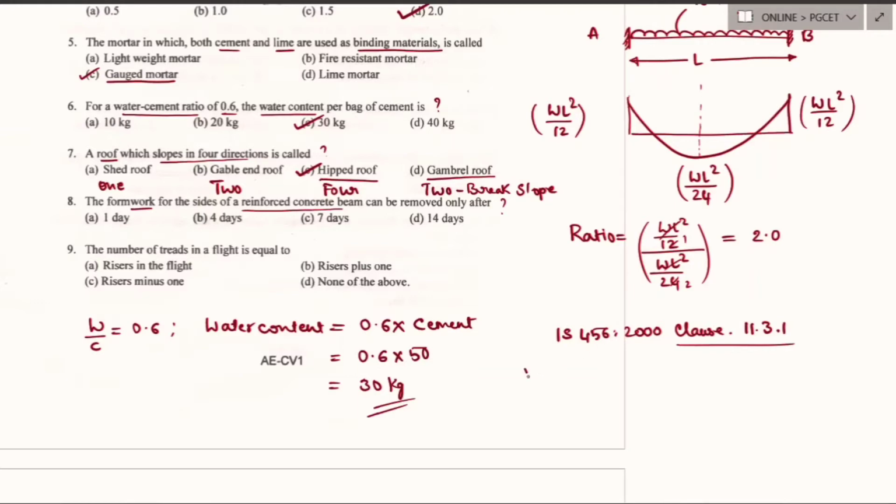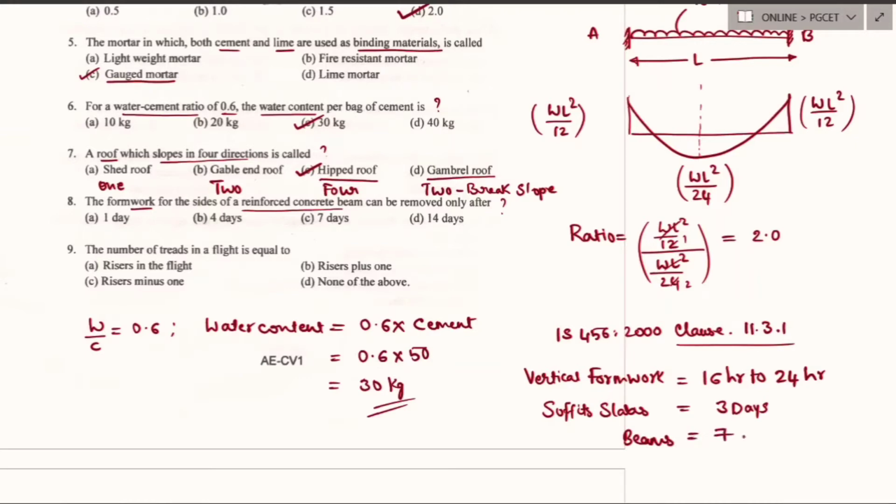That is, for vertical formwork, the minimum curing period is 16 to 24 hours, for soffits of slabs the minimum period is 3 days, and for beams the minimum period is 7 days.